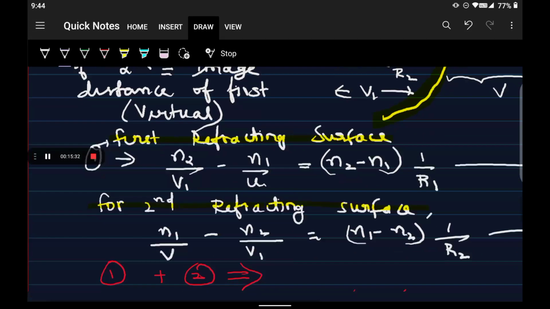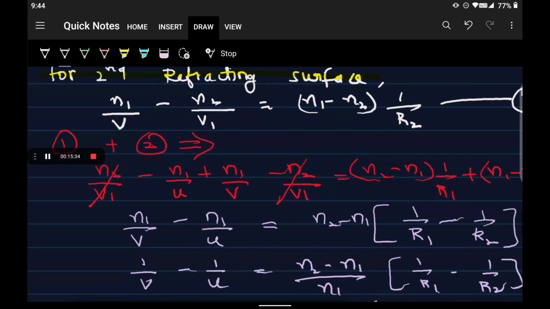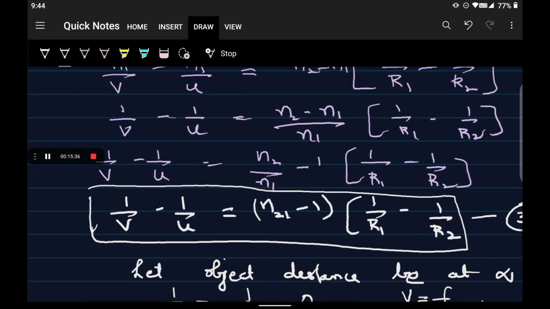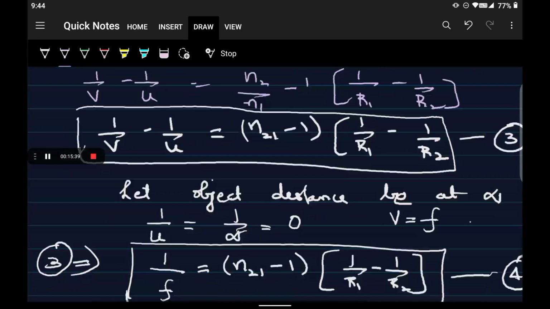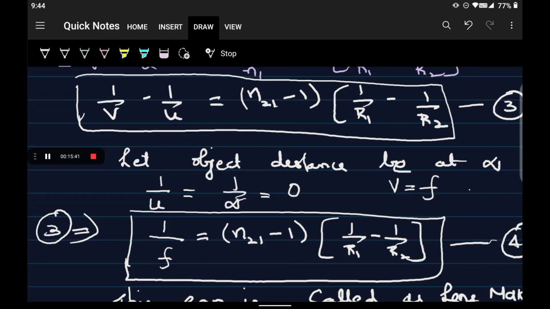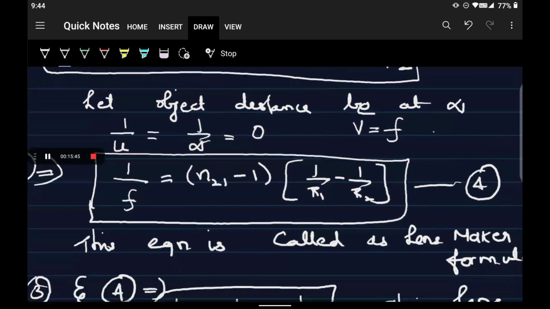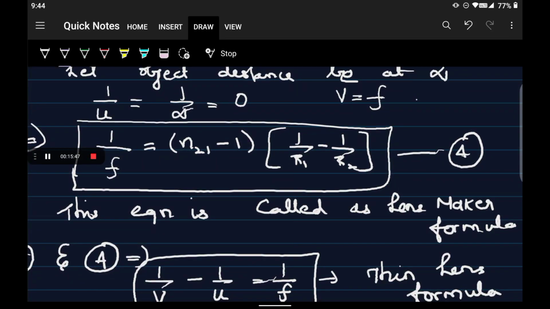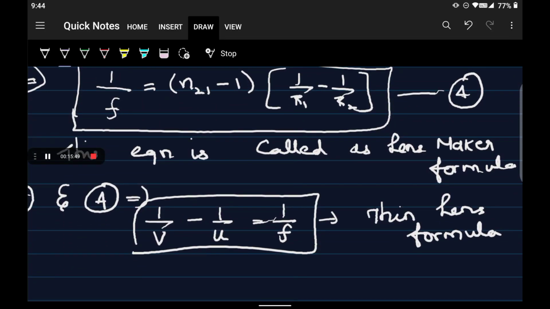Both equations have to be solved, and then you can obtain a relation. We call it the Lens-Maker formula if you assume the object distance to be at infinity. This is the generalized formula called the Lens-Maker formula. And if you compare the third and fourth equations, we derive the thin lens formula.